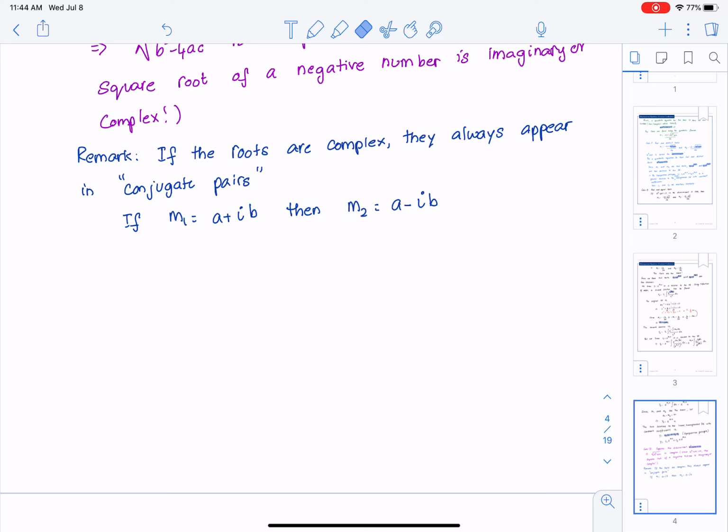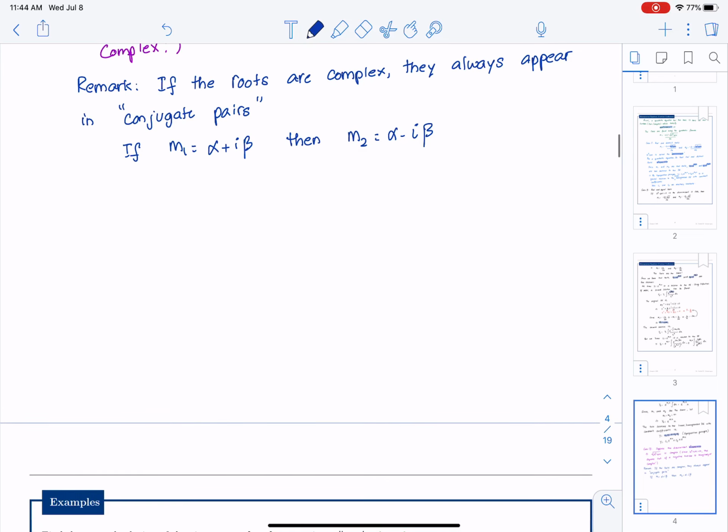Or if I use the standard notation, I should just call it alpha and beta. Sure, we can plug this in the differential equation, but we would have complex numbers in the differential equation, and we don't want that. So what we're going to do, let's just go ahead and plug it in and see what happens. I will save what I wanted to say until later.